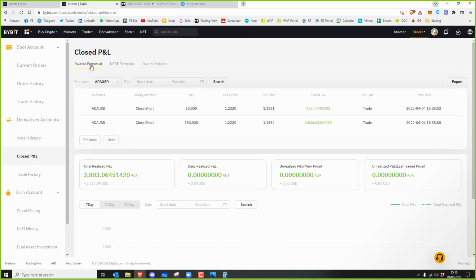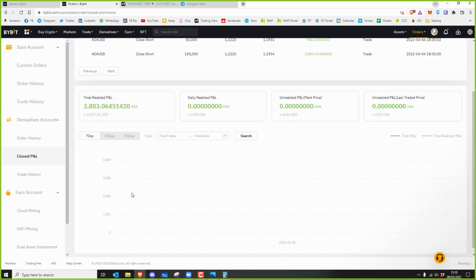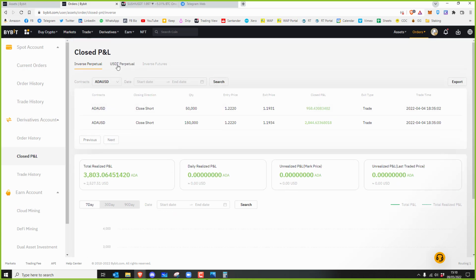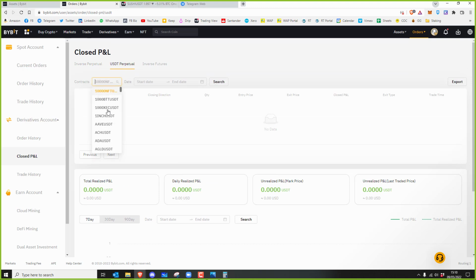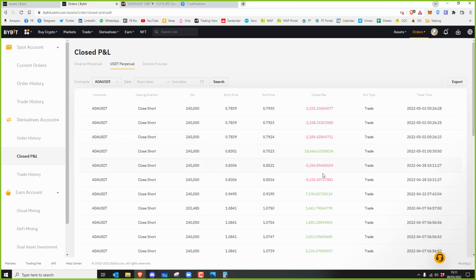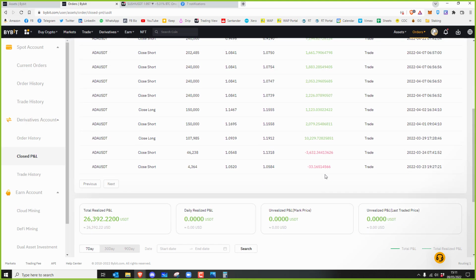That is on the inverse perpetual, from when I was playing around with the inverse stuff, and annoyingly it doesn't show you all symbols. So you literally have to click ADA over the search period, and it will show you all of the trades placed on ADA.